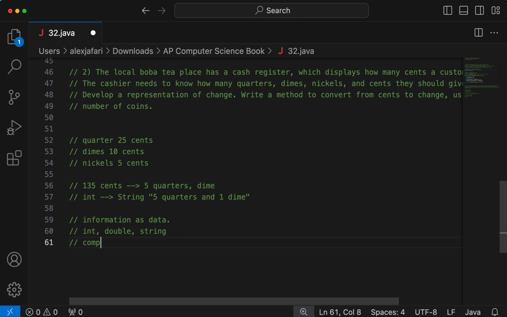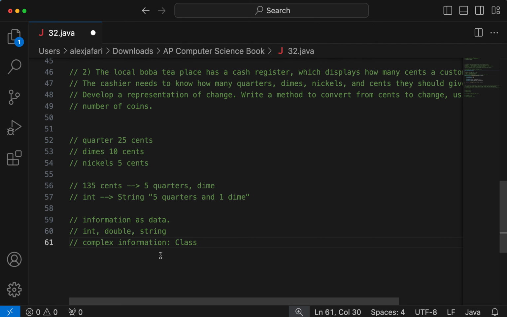Complex information is represented with classes, right?